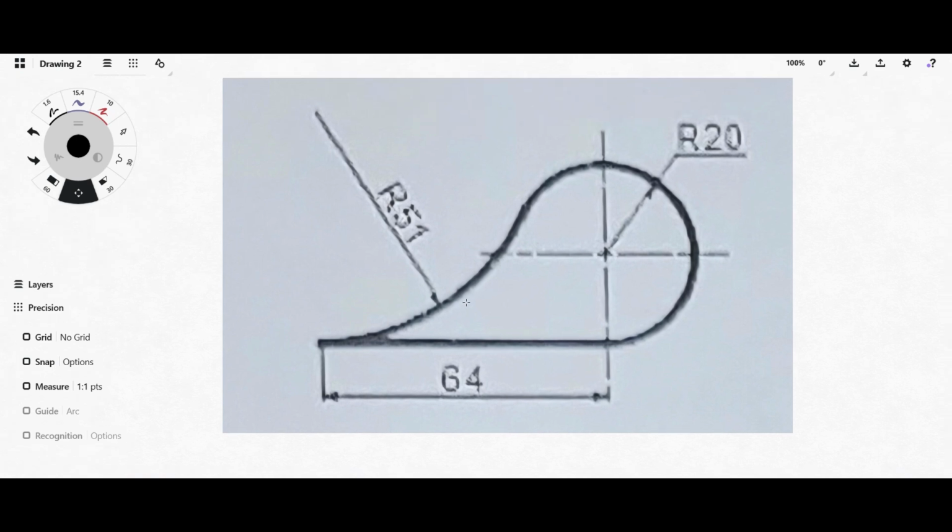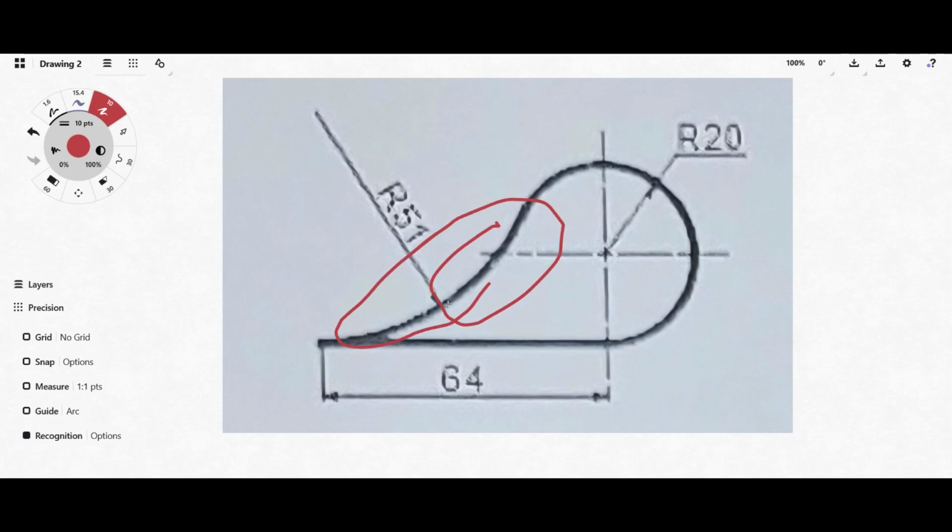And then the next thing would be this arc, right? Now with this arc, all we know about it is that it has a radius of 51 millimeters, but we don't know exactly where the center lies, right? So that is where the tangency rules come in. If you study it carefully, you can see that this particular arc touches the 64 line at exactly this point.